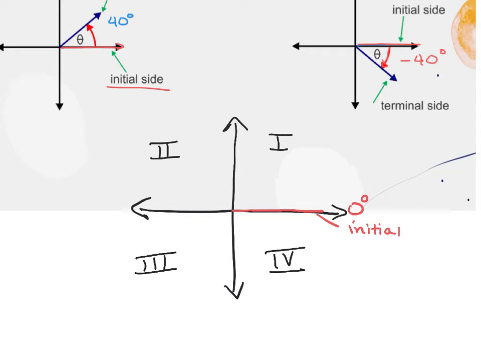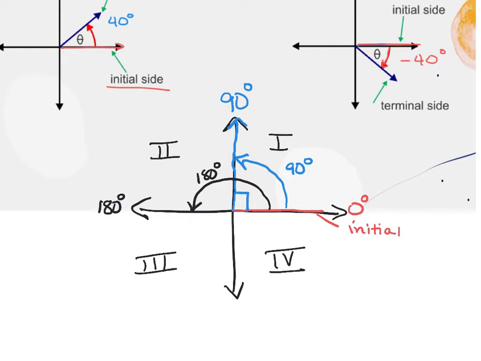If I were to create and measure a 90-degree angle, I could come up here, and this would be my terminal side, and this would be a 90-degree angle. Remember the little right angle here. So up top here is 90 degrees. Over here to the side, if I make a semicircle, this would be an angle of 180 degrees because it's stopping on the 180.